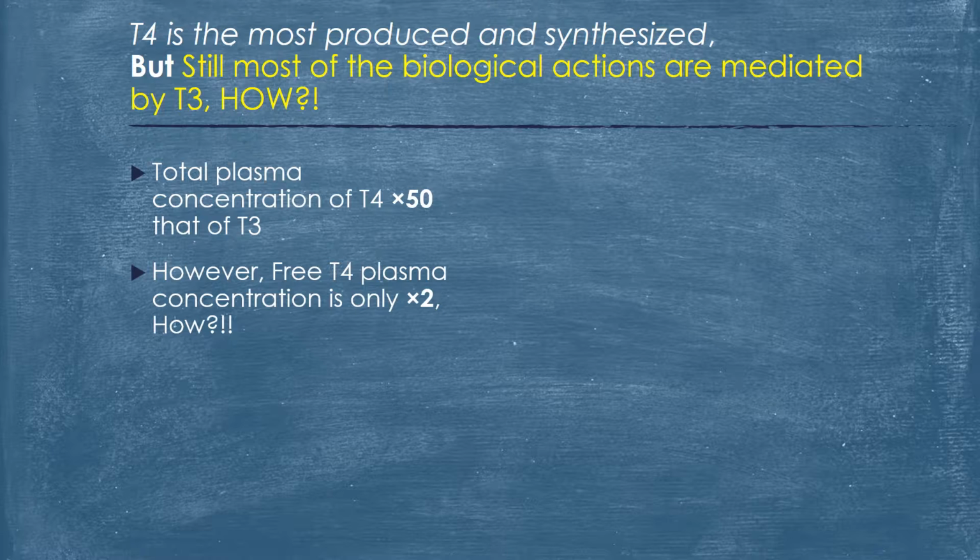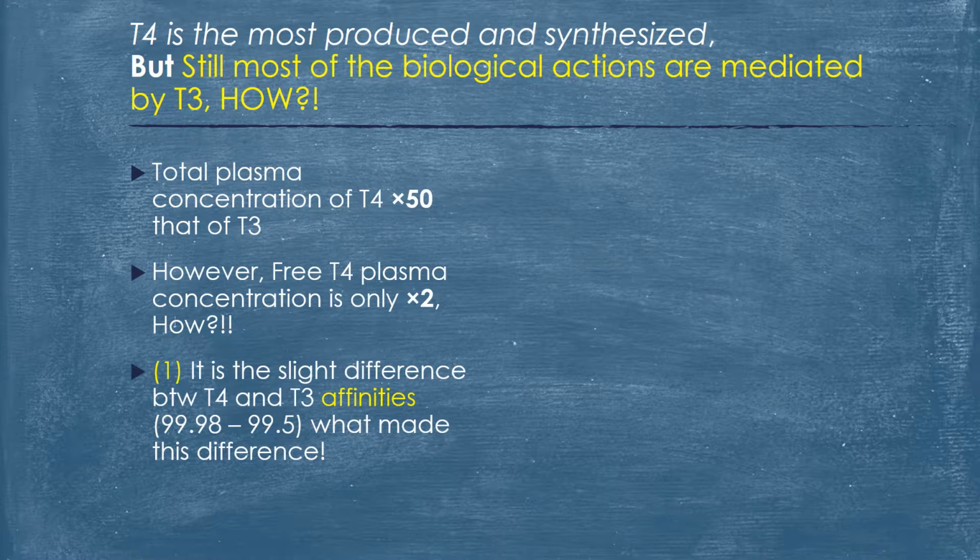However, the free, unbound form of T4 in plasma is only 2-fold more than T3. So in the total it is 50-fold and here it's 2-fold only. You remember we talked about the binding percentage of T4 and T3 to the plasma proteins. It is the difference in affinities.